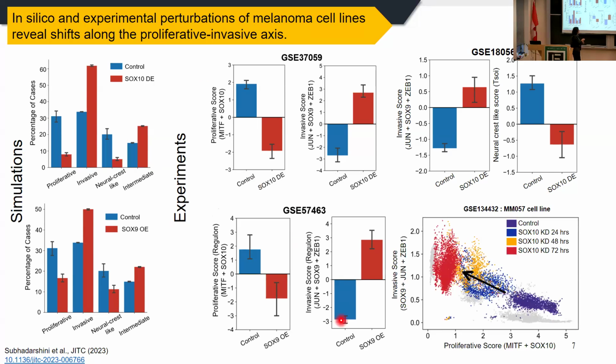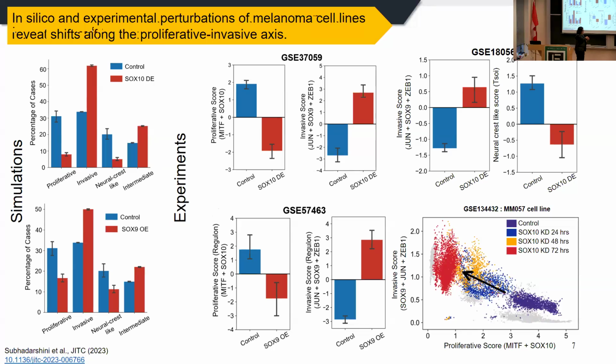To look at the single cell transcriptomics data, you see that the gray cluster is basically the wild type cluster. But as you perform a knockdown or a down expression, you can see phenotypic switching happening, where after 72 hours of SOX10 knockdown, you see a cell population which acquires a transcriptional state which is more invasive than previously to begin with.